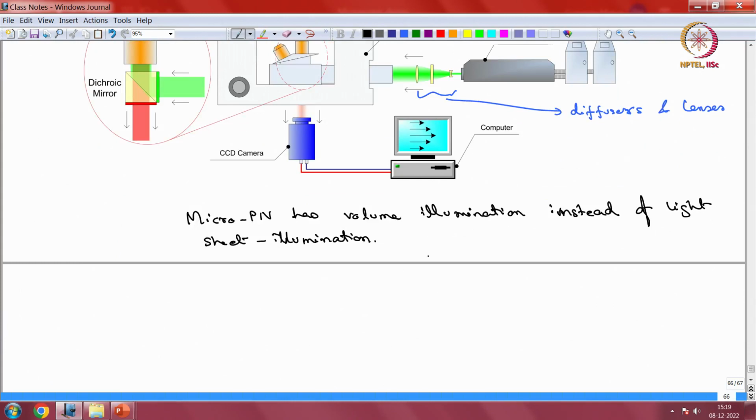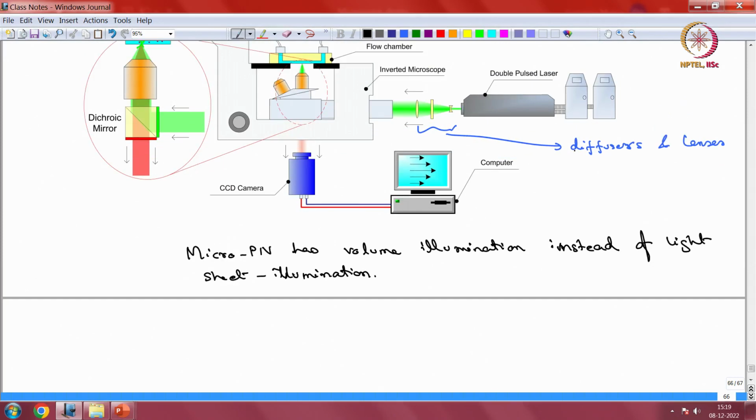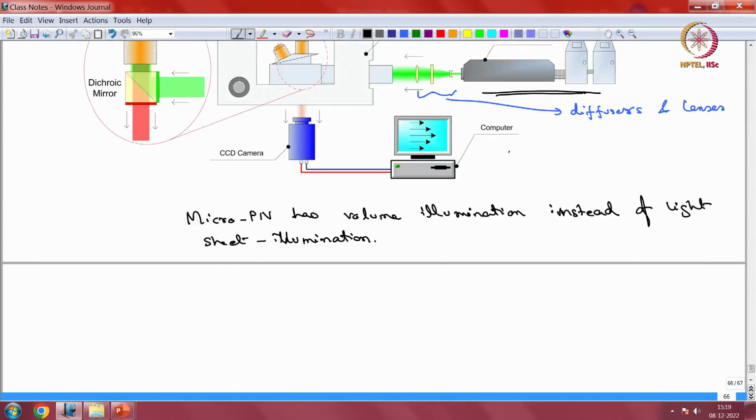Okay. Now, one more thing is the lasers that we discussed. These are the typical micro PIV.